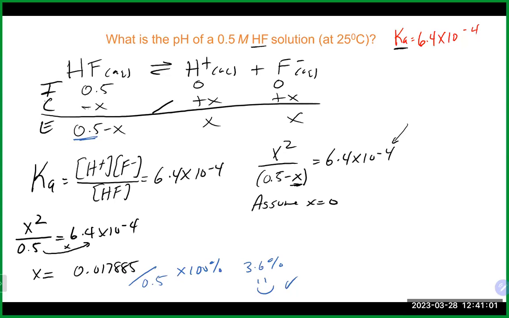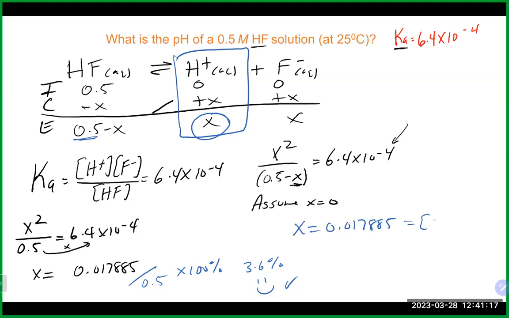So because this check is good, and really the only thing that we're looking for is the H plus concentration, we go back to our table and we see that that is basically what x is equal to. So in this case, x equals 0.017885, which equals the H plus concentration. We'll put a little molarity there. That means we could then go into the pH, minus the log of 0.017885.